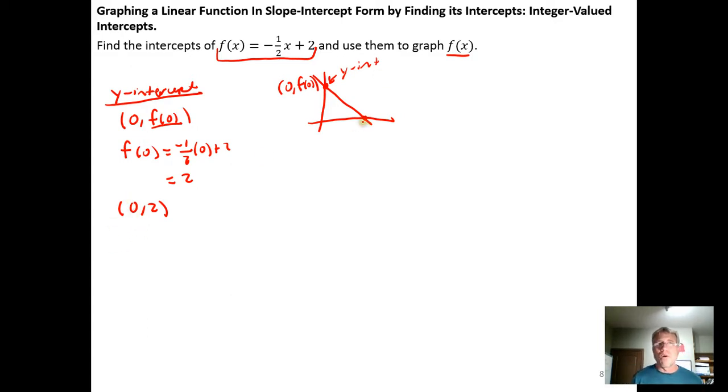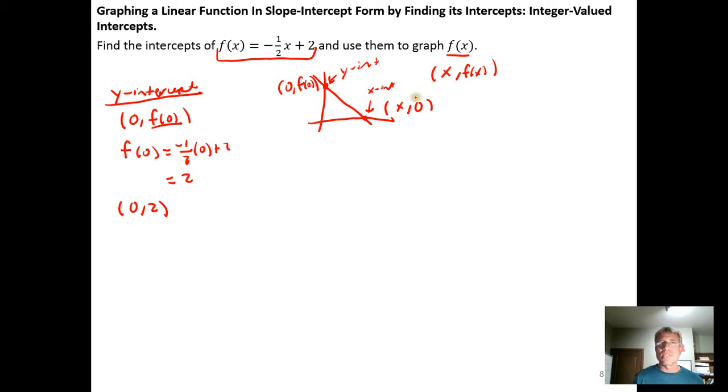For the x-intercept, which is right here, here's our x-intercept. What we want to remember is that we don't know the input x. So we don't know what x is, but we know that the output is going to be 0. And we want to remember that we have input, output pairs.